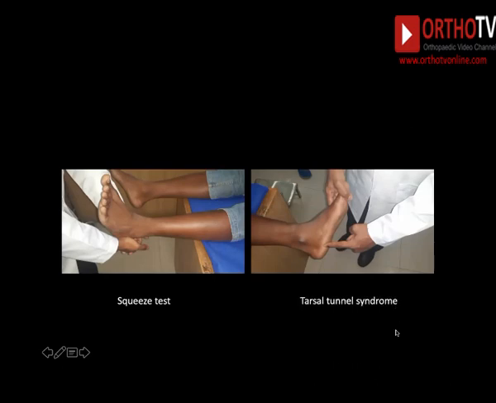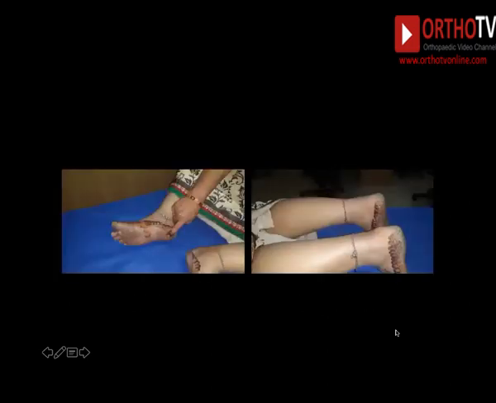On the medial side, it may be due to tarsal tunnel syndrome. Ask the patient to show with one finger where it hurts most. If it is on the posterior aspect, it may be around the Haglund's protuberance, or it may be on the plantar aspect in plantar fasciitis.